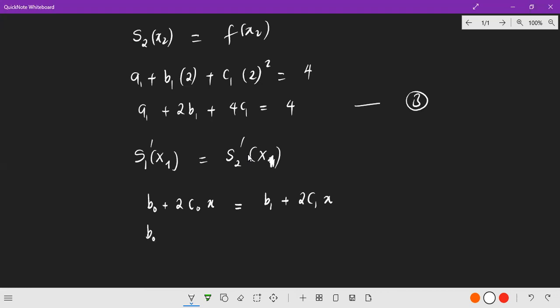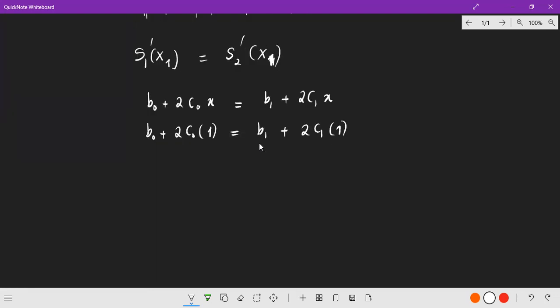So b0 plus 2c0, the point is x1, our x1 simply equal to 1, equal to b1 plus 2c1 times 1, right? So from this, you just have b0 plus 2c0 equal to b1 plus 2c1. So I'll call this equation number 4.